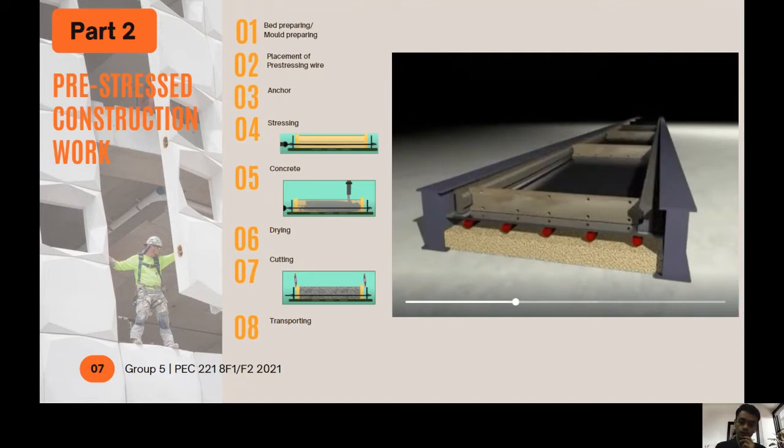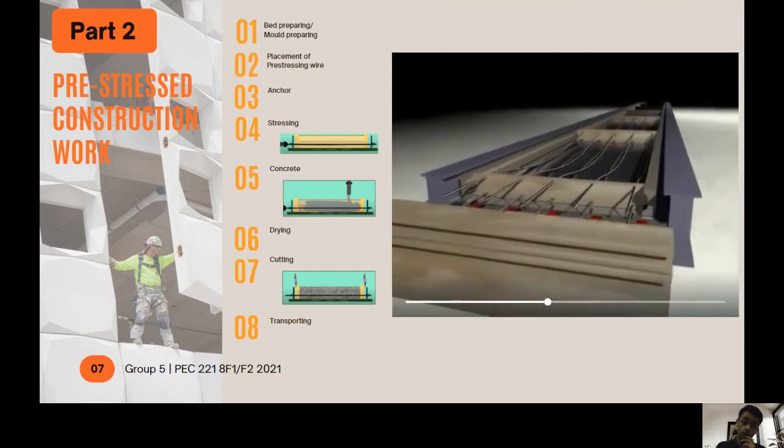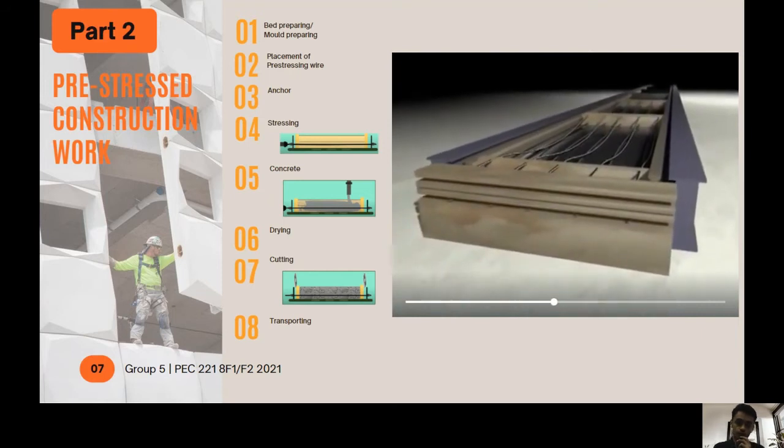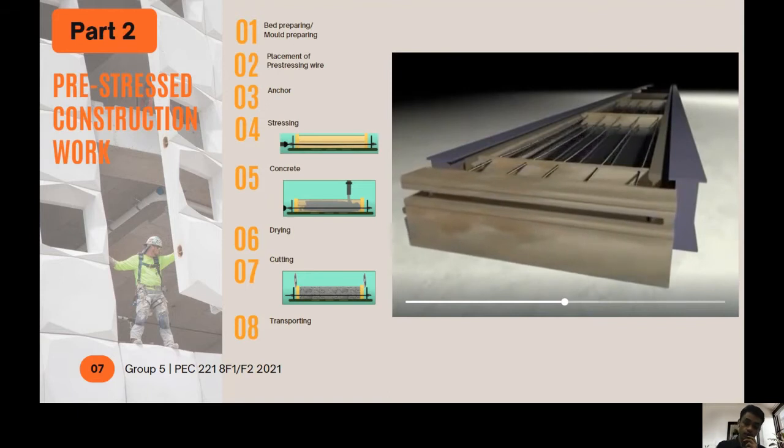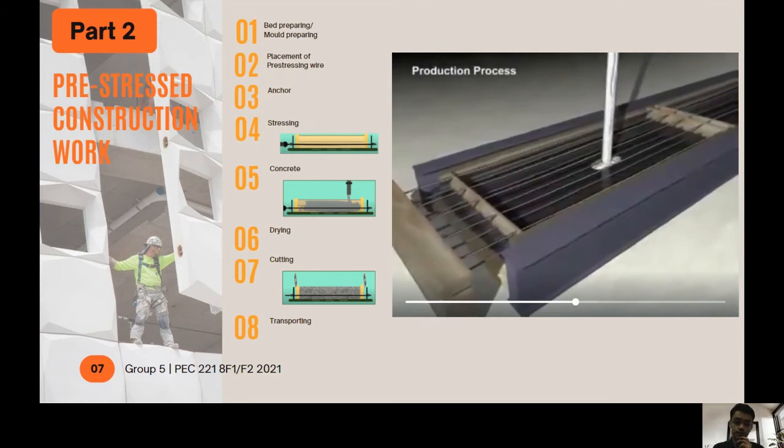Then they will place the pre-stressing wire inside the mold. After that, they will place the anchor at the end of the pre-stressing wire. Then they will stretch the wire so that the stress level of the wire will increase.